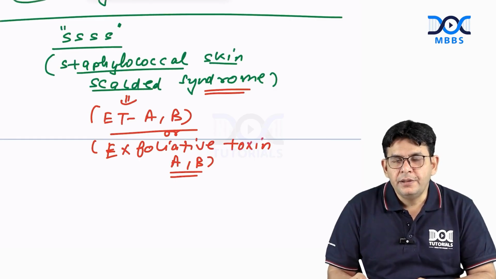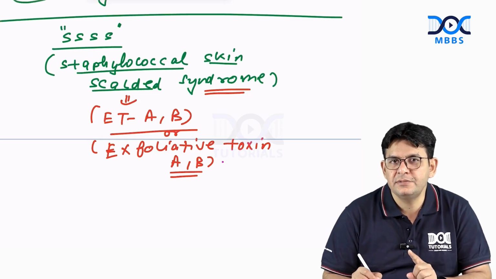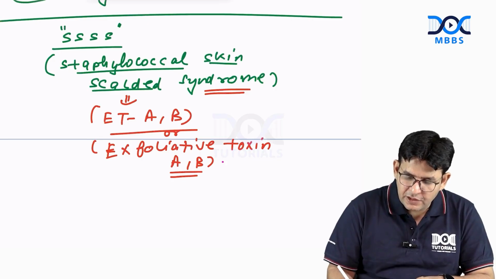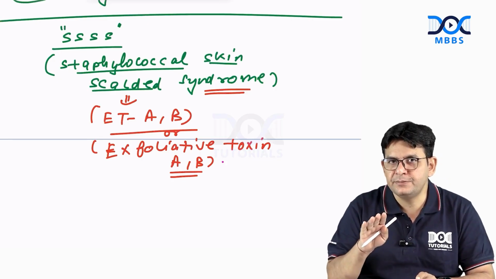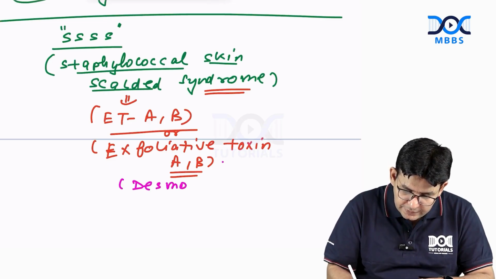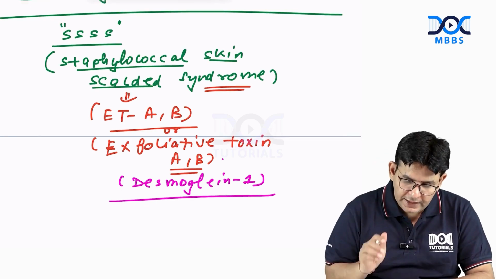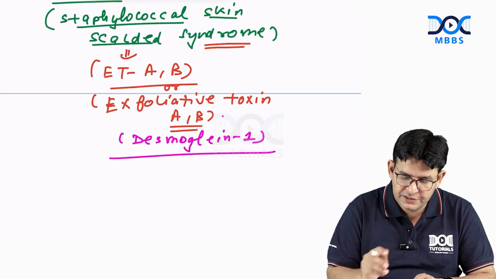And they act upon a particular thing termed as desmoglein 1, that is in the stratum granulosum, and because of that this scalding happens. So this name desmoglein 1 you should know, and it is present in the stratum granulosum, and this leads to the scalding. And which one is involved?